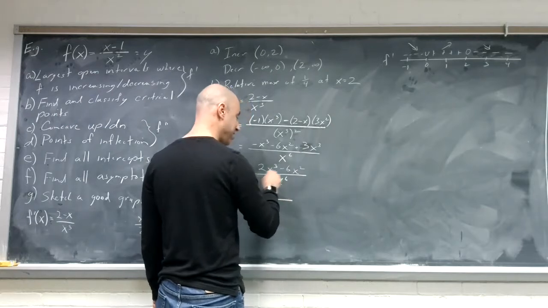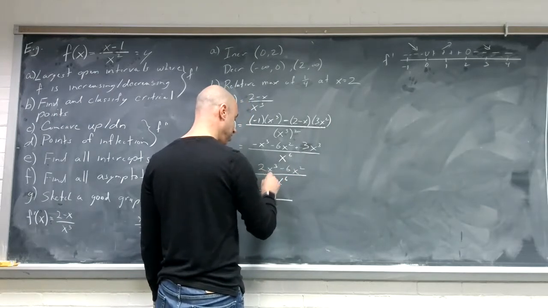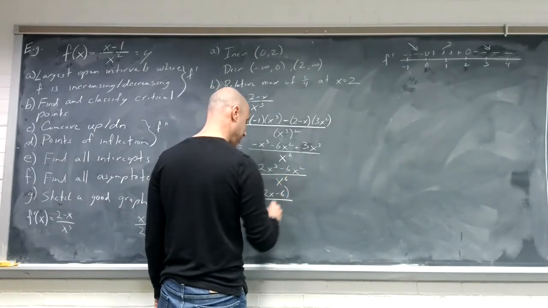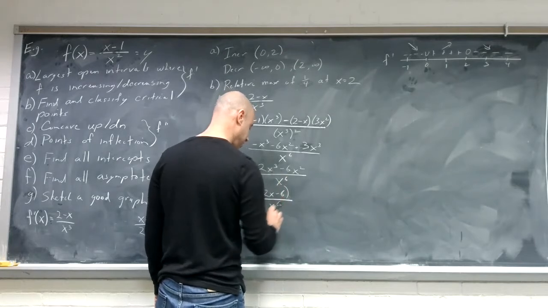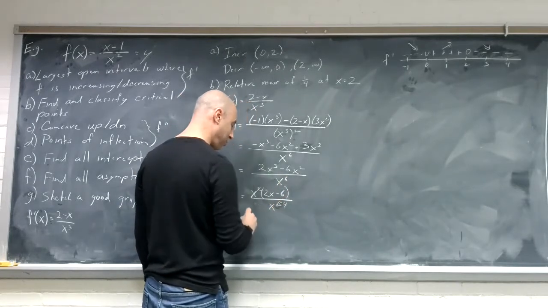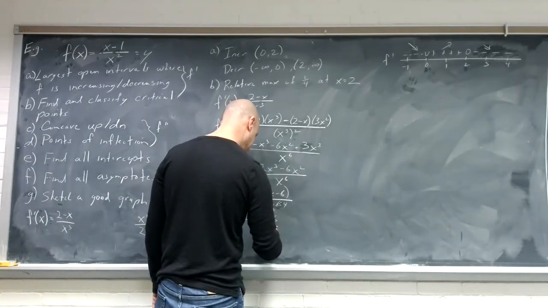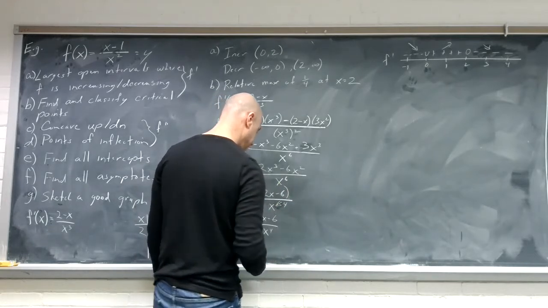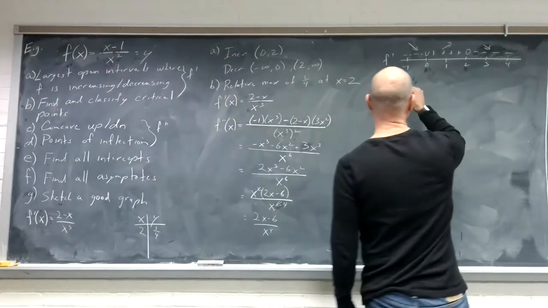I'm going to factor out an x squared from the top, leaving me with a 2x in the first term and a minus 6 in the second term, all over x to the 6th. I can cancel these x squareds with 2 of these, making that a 4. So I have 2x minus 6 all over x to the 4th. So I'm getting ready to build a sign chart for my second derivative.